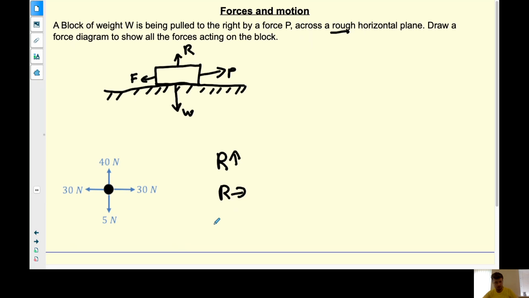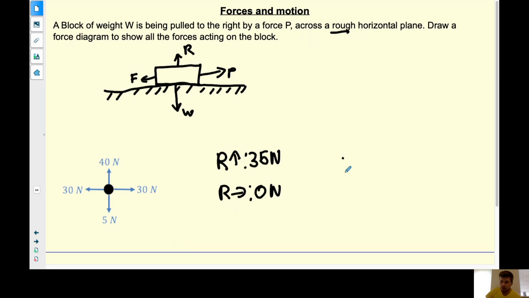So in order to work out the resultant force in the upwards direction, well, it's 40 up and 5 down, so therefore the resultant force north is going to be 35 newtons, just simply 40 subtract 5. The resultant force sideways, well, it's 30 newtons that way, 30 newtons back, so that would be 0 newtons. So we would say that this scenario here would have a resultant force of 35 newtons vertically.